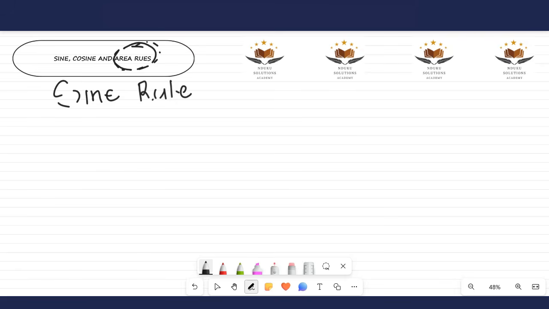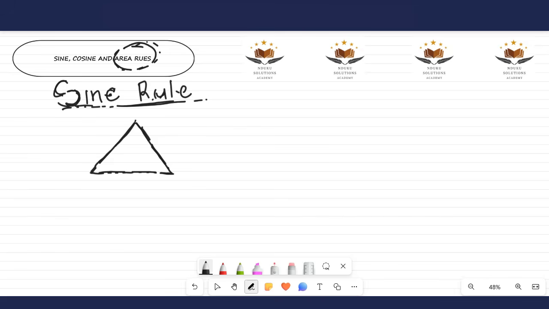Let's see what the sine rule is saying. So if you have a triangle, remember we said these rules are used because we don't necessarily have your 90 degrees. So they are the tools that we are going to use when we cannot use the trig functions.